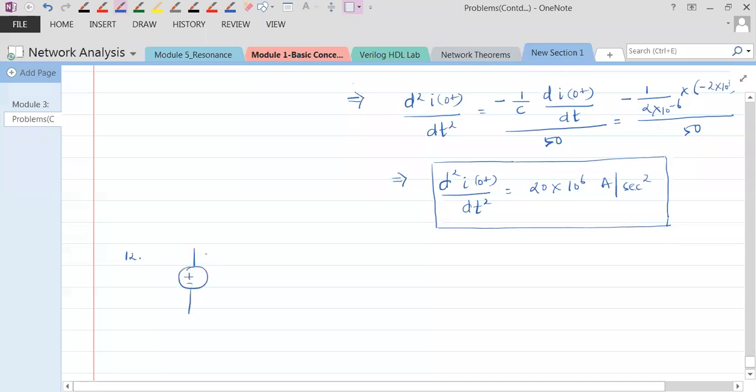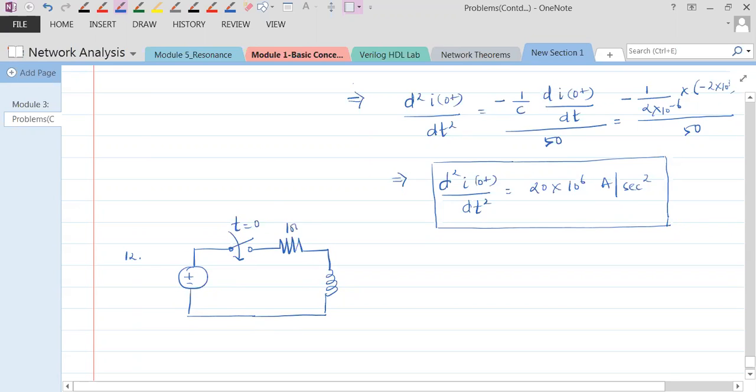You have a switch being closed at t equal to 0. You have a resistor, but in place of the capacitor you have the inductor.